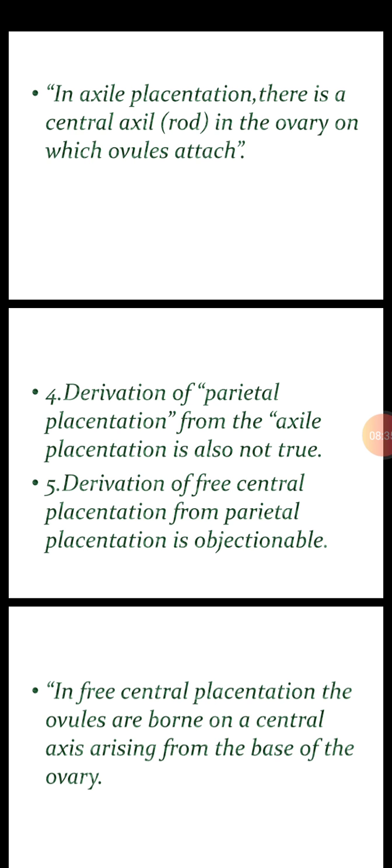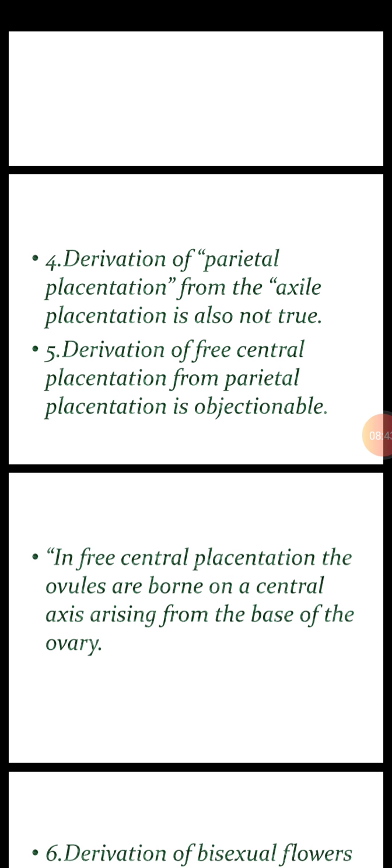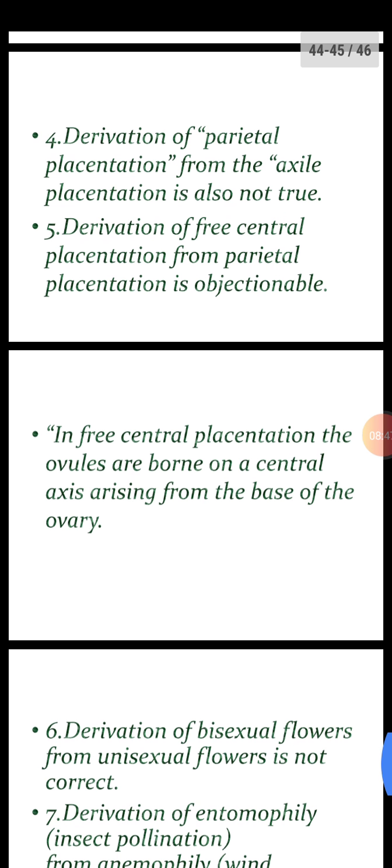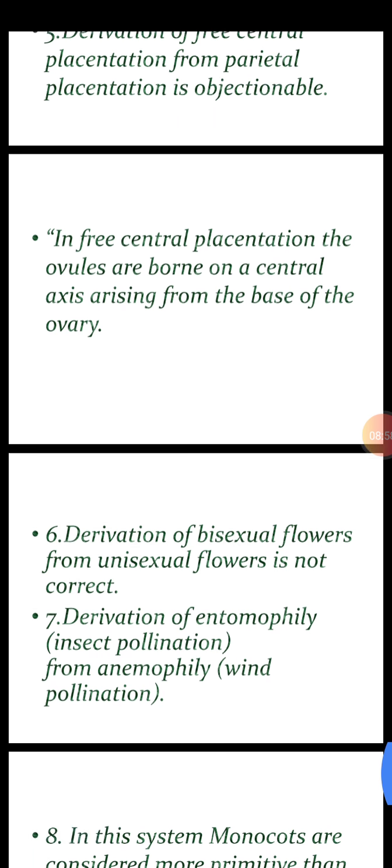The derivation of parietal placentation from axile placentation is also not true. The derivation of free central placentation from parietal placentation is objectionable. Now what is free central placentation? In it, the ovules are borne on a central axis arising from the base of the ovary.